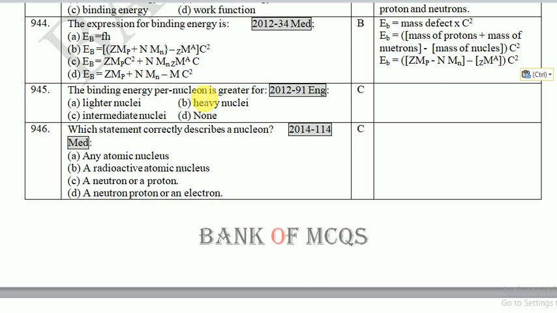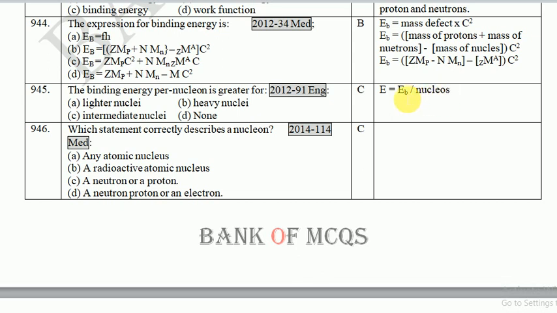The binding energy per nucleon is greater in lighter nuclei, heavy nuclei, intermediate nuclei, or none of these. Now binding energy per nucleon is equal to binding energy divided by total number of nucleons.